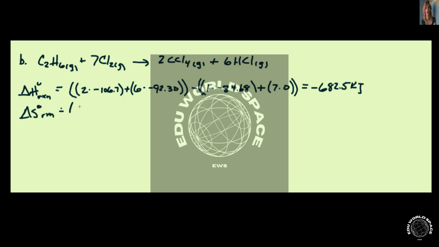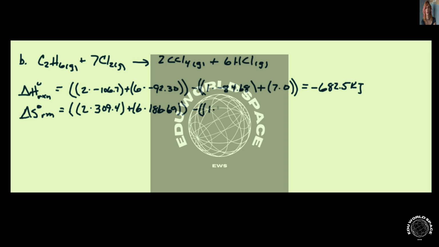We're going to wind up doing the same thing. So you can see how it's going to look very similar, although the values for the entropy will change. So we've got 309.4 joules per Kelvin. We have 6 moles of HCl, and its value is 186.69. We're going to subtract the reactants.